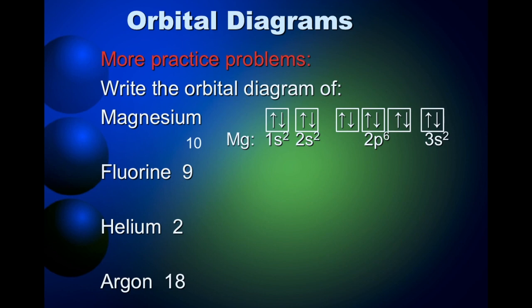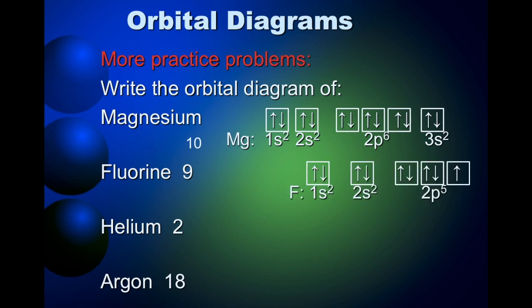Now fluorine has an atomic number of 9. In the orbital diagram, we've got 1s2, 2s2, and that's 4 electrons. We need 5 more.